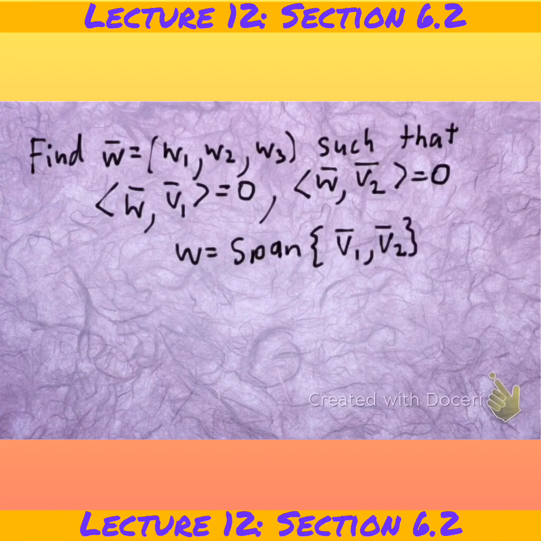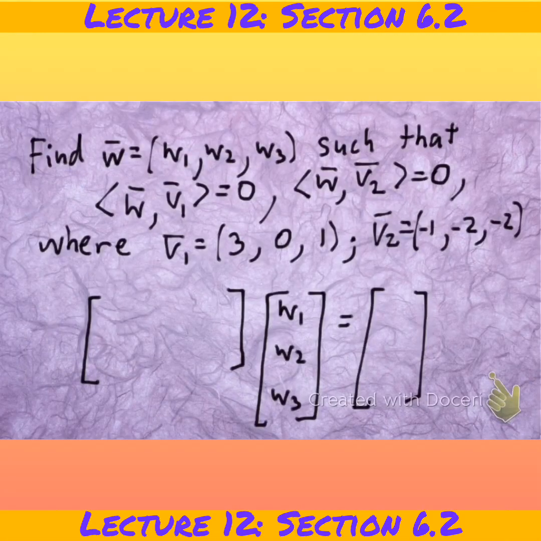So to find the orthogonal complement of W, the only way a vector can be in it is if it's orthogonal to both these vectors. So you want to find all vectors w that are orthogonal to both V1 and V2.